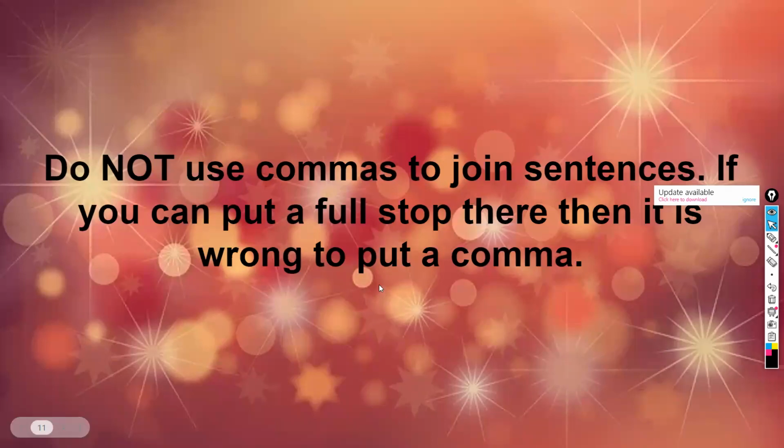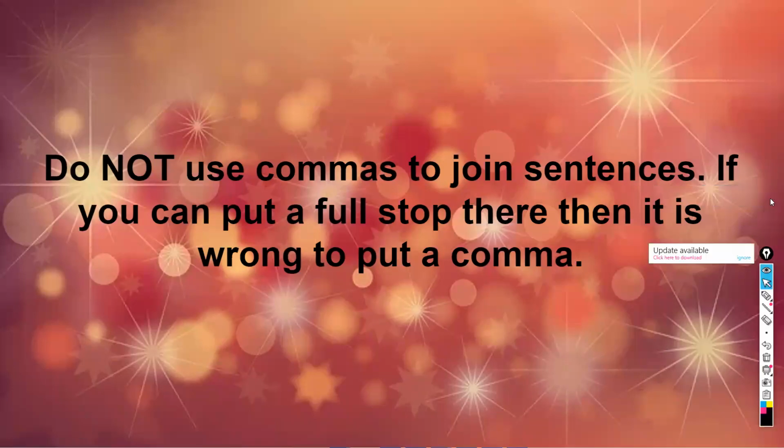So that was this: do not use commas to join sentences. If you could put a full stop there, then it's wrong to put a comma. Do not use minors to watch other minors. If an adult needs to be there, then it's wrong to have a minor do it. That's my metaphor with family and childcare.